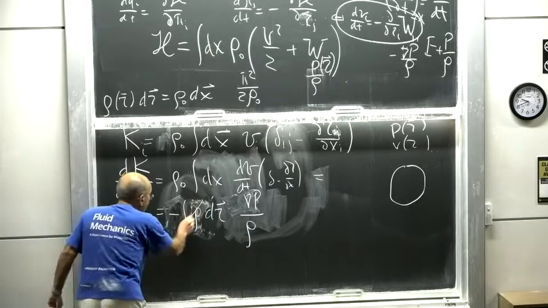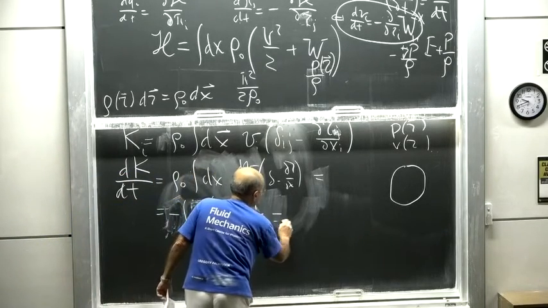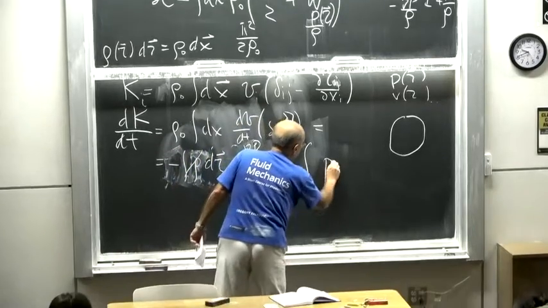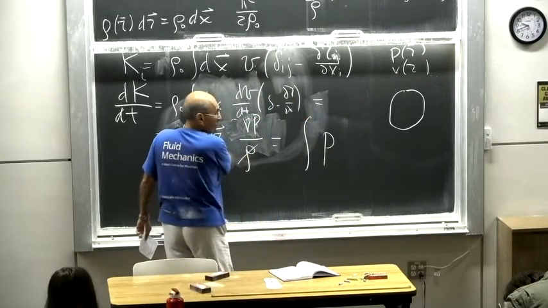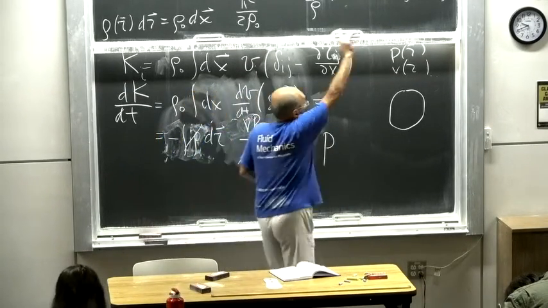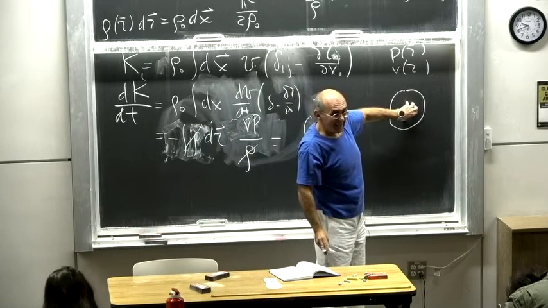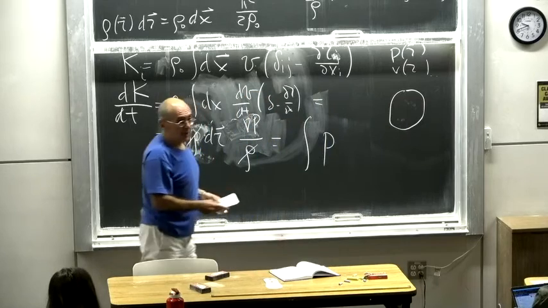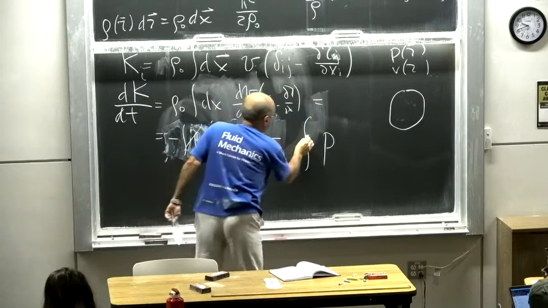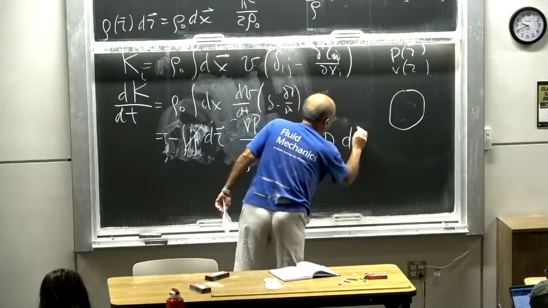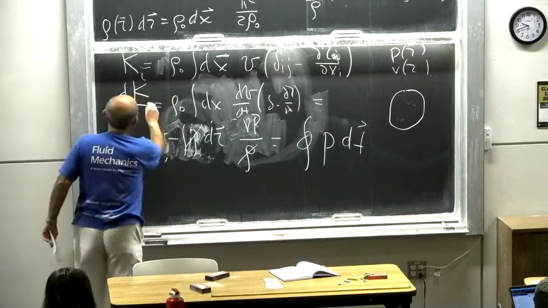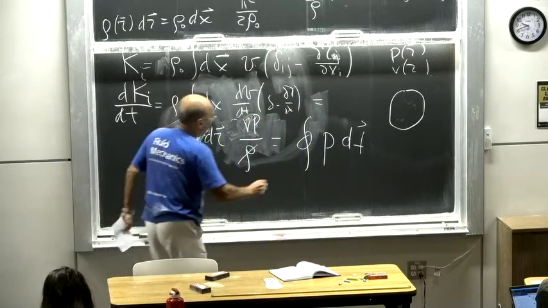Now, rho cancels out, and that would give me an integral of the gradient of pressure over volume, which everywhere disappears except this guy. And the integral of the gradient of pressure over this could be turned into an integral of pressure over a surface.